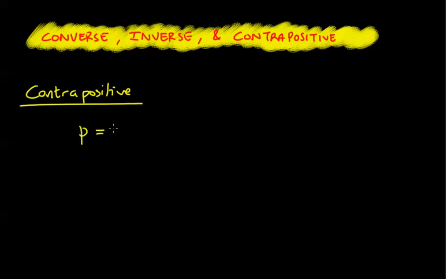P implies Q. Then the contrapositive would be not Q implies not P. So for example, let's use that example with it being sunny, and going for a jog. Then this would be if I don't go for a jog, then it's not sunny. So that would be the contrapositive.